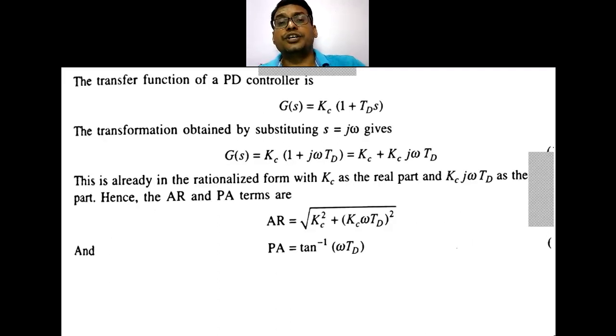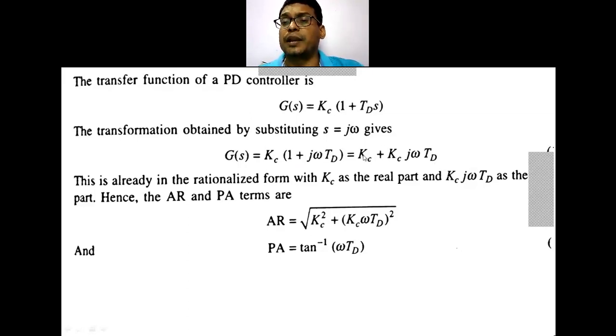Now next is the transfer function of a PD controller. For a PD controller, the transfer function is Kc into bracket 1 plus tau d s. Then the transformation is obtained by substituting s equal to j omega, that is converting it into the complex function. So 1 plus j omega into tau d, which is equal to Kc plus Kc into j omega into tau d.